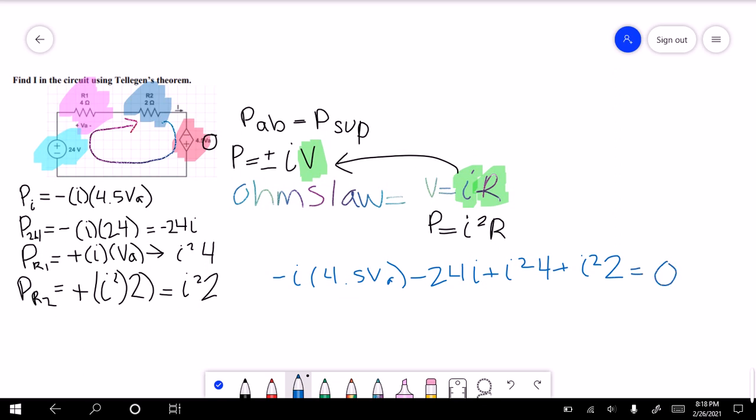So how many unknowns do we have? We have 2. We have VA and we have the current I. How do you solve this? The answer is you can't.